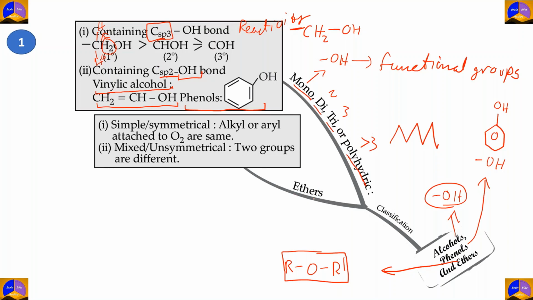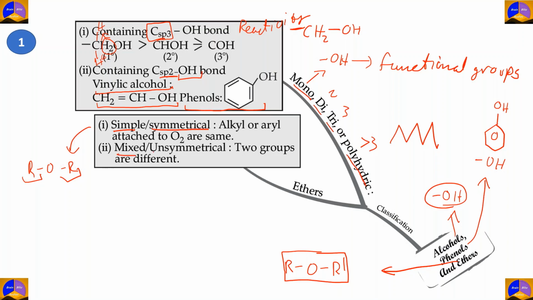Let's look at ethers. Ethers are simple. There are only two types of ethers. The first is simple or symmetrical. What this means is that the formula for the first kind would be ROR, which means the carbon component on both sides of the oxygen atom is the same.